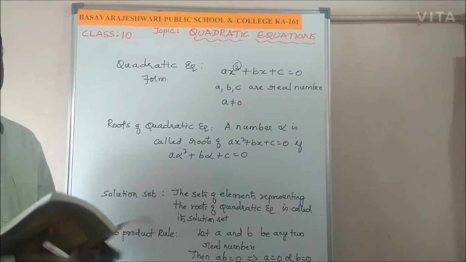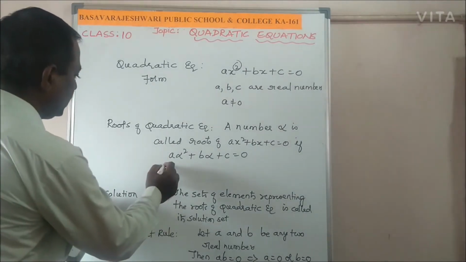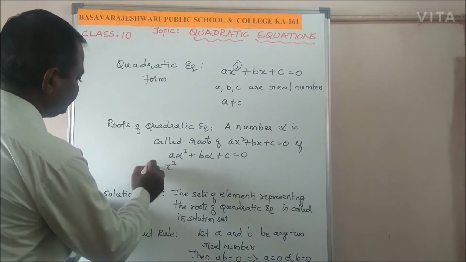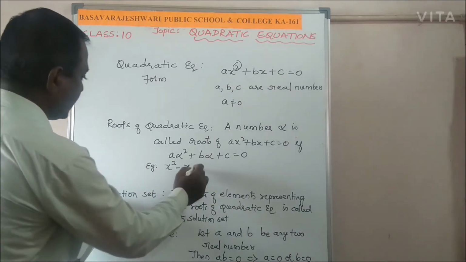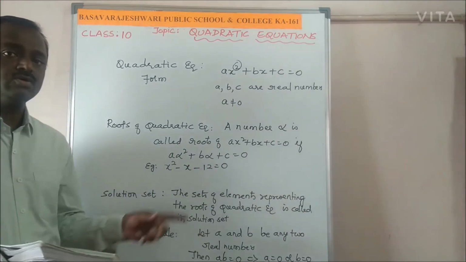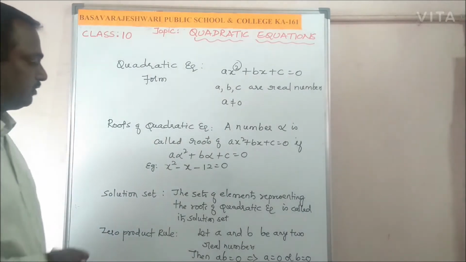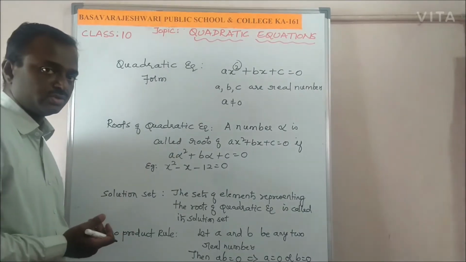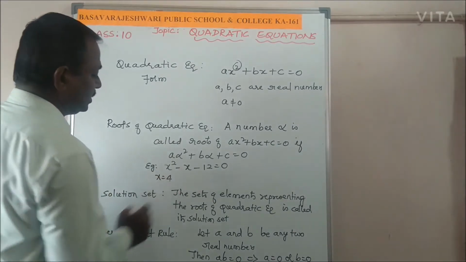I will give one example to understand this. Suppose one equation is x square minus x minus 12 is equal to 0. It is a quadratic equation, in the form of ax square plus bx plus c is equal to 0. Suppose I take x is equal to 4.